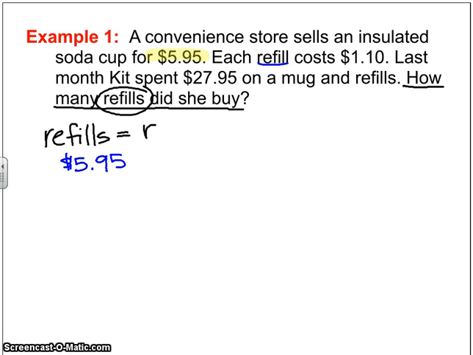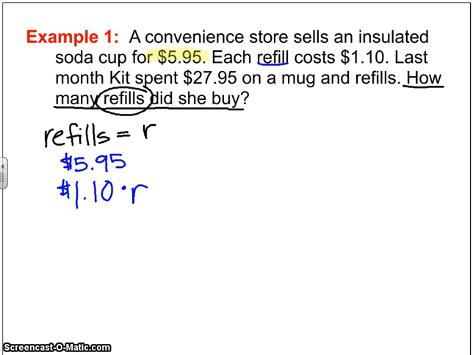So whatever we do with $1.10, it's going to be a multiplication problem. In other words, you take $1.10 and multiply it by the number of refills that you take. Again, we just figured that out.